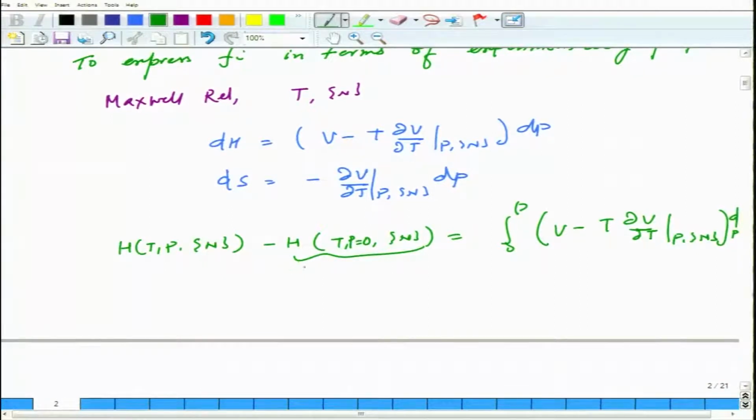So, we can write this expression as summation Ni Hi 0, where this is the molar enthalpy of pure i as an ideal gas at temperature T.